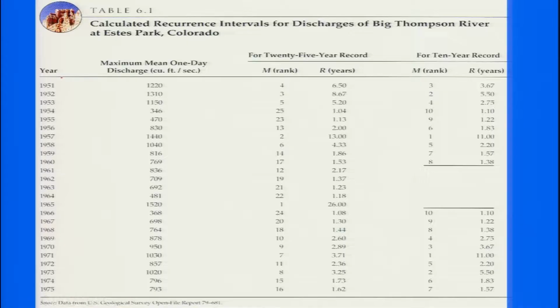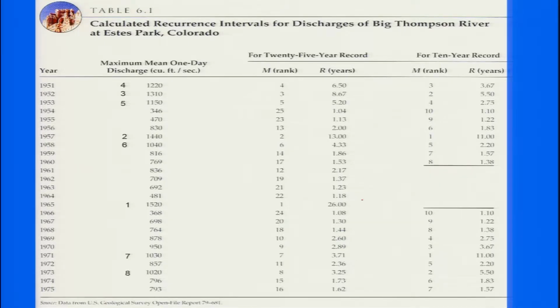The data is almost from 1951 to 1975, and it gives the peak or maximum mean discharge in one day, and accordingly this has been ranked. Ranking has been done, first the maximum discharge in the record, then second, so this ordering has been done based on maximum discharge.